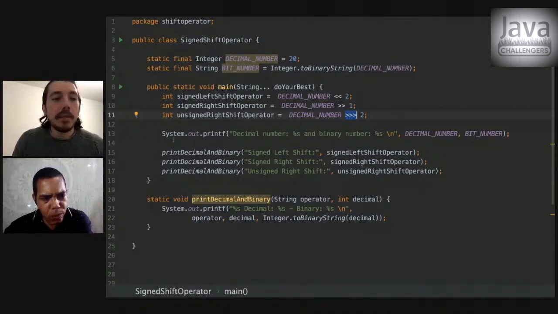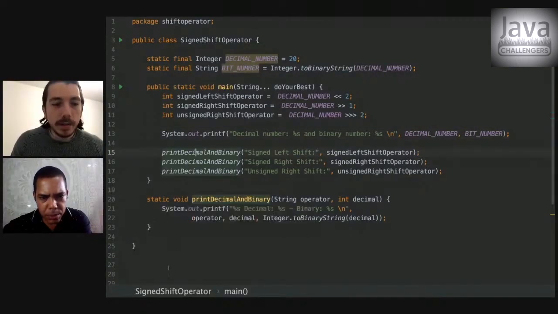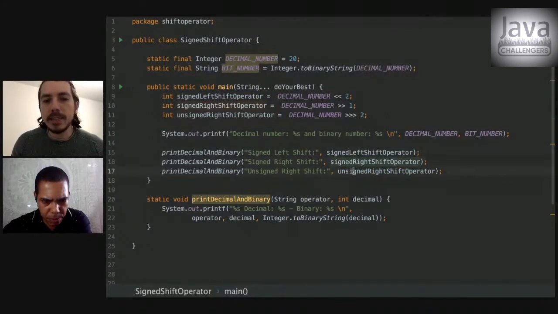Here we are basically printing the decimal number and the binary number, and then printing the results of the signed left shift operator, the signed right shift operator, and finally the unsigned right shift operator.